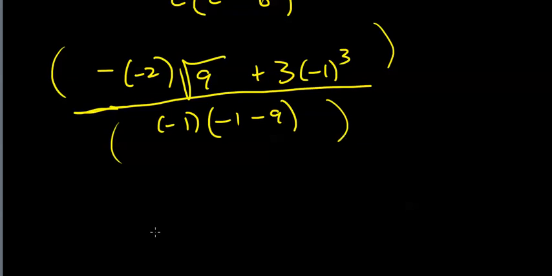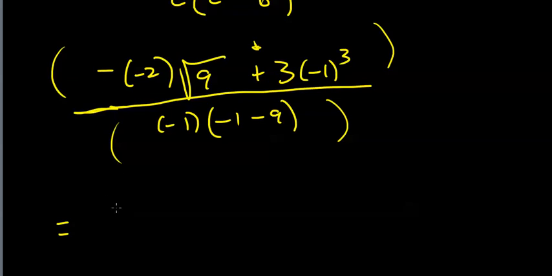Let's check out the numerator. It is two groups of operations separated by a plus sign, so I can evaluate the two parts of the sum in one step and then add them.